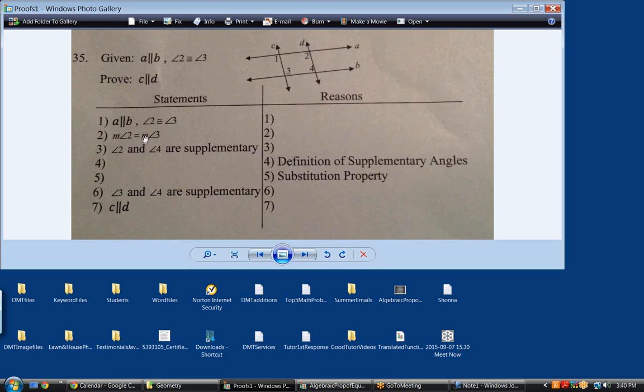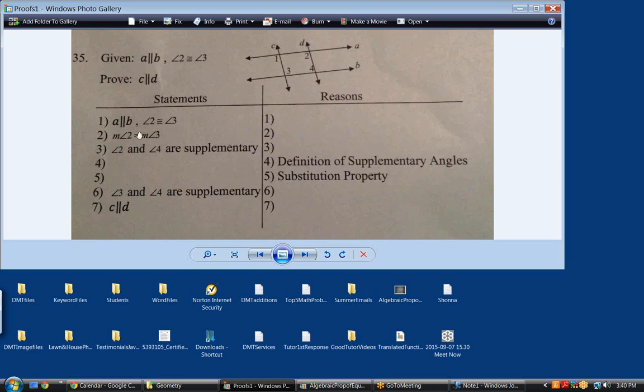So you have to show that that means the measurement of angle 2 equals the measurement of angle 3. And that's because of the congruent angles are equal theorem. We haven't gone over that theorem, but that's okay. The fact that you may not have all these theorems isn't really important as much as you see how the two-column proof unfolds.